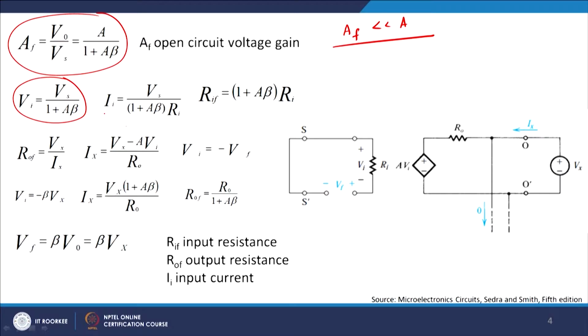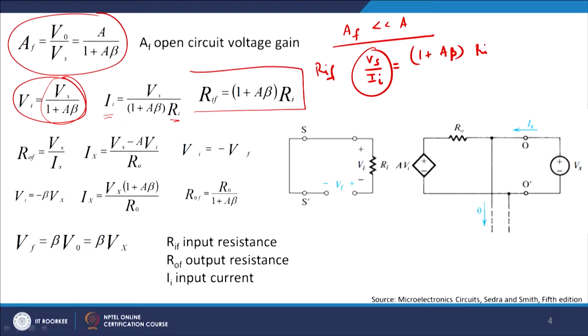Therefore, if you want to find the input current, you have to divide this whole quantity by Ri, that is what I am doing here. So, if you look very carefully, if you transfer this to the left hand side, I get Vs by Ii equals 1 plus A beta times Ri. This is nothing but RIF. So, RIF equals 1 plus A beta into Ri, which means that my input impedance rises with feedback.